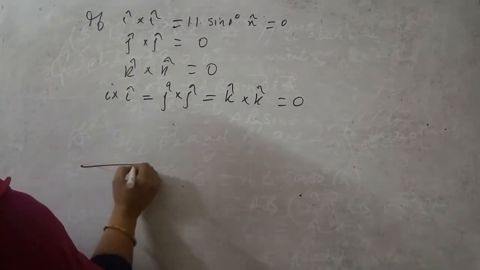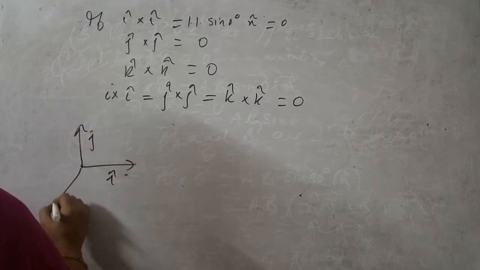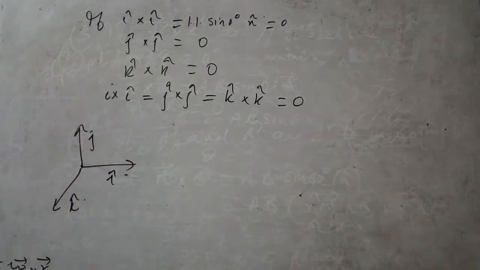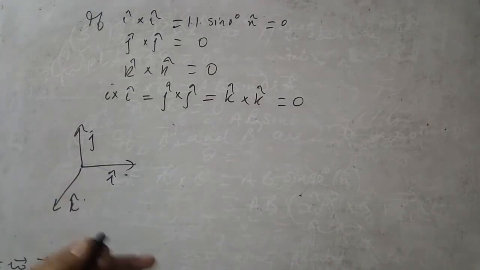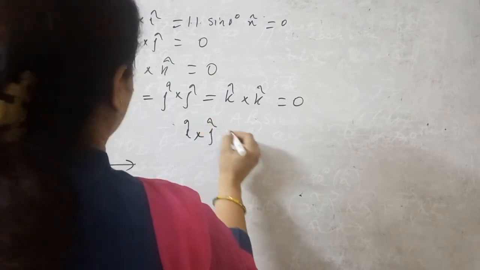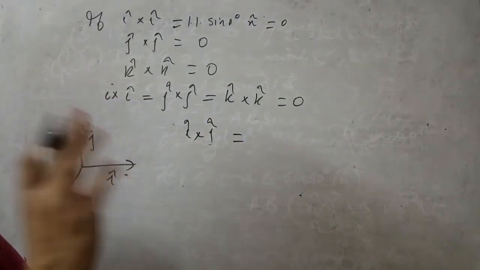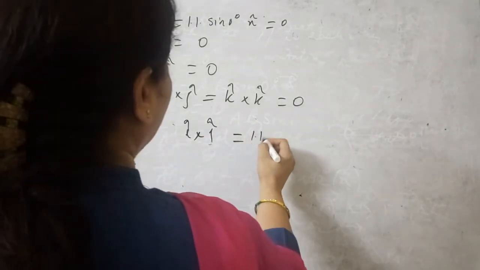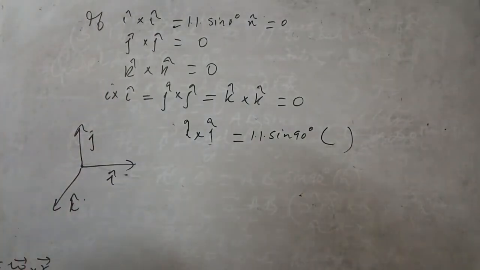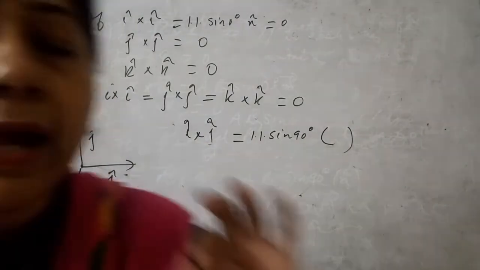Let us take, this is I caret, this is j caret, and this is k caret. It will be better if you assume the corner of your room to visualize this. So if I write I vector cross j vector, the magnitude is 1. The angle between the two is 90 degree, so it is 1 into 1 sin 90 degree, and we need to write the unit vector. Now the plane of I and j, they are lying in the xy plane.